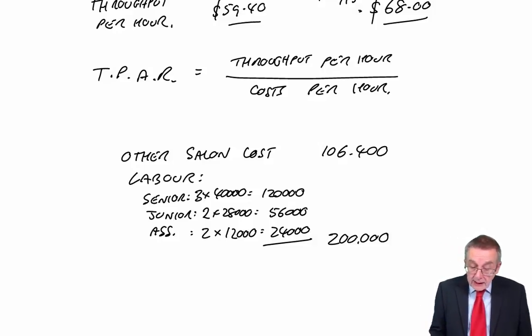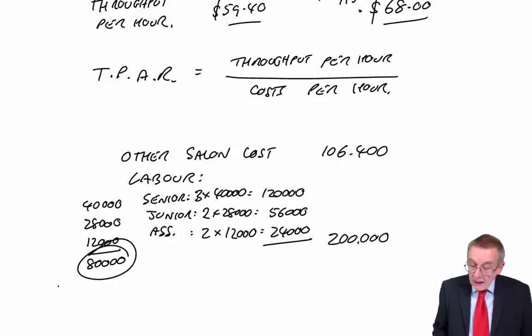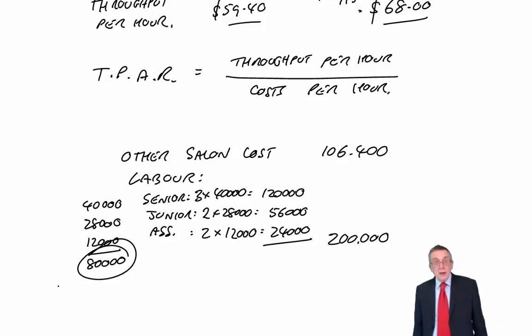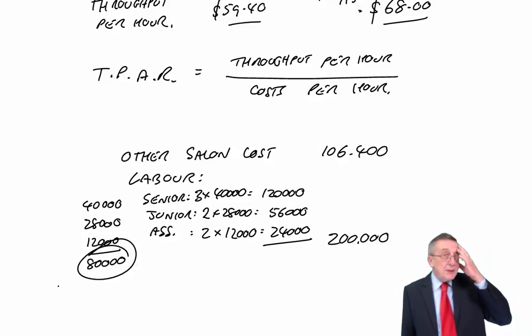So if you read it that way, in total for senior it's 40, in total for junior it's 28, in total for assistants it's 12. Well, I've got 200 and I'm going to carry on with that figure, but if you'd got 80,000 instead, although your final answer will obviously be different, you would still have got full marks.